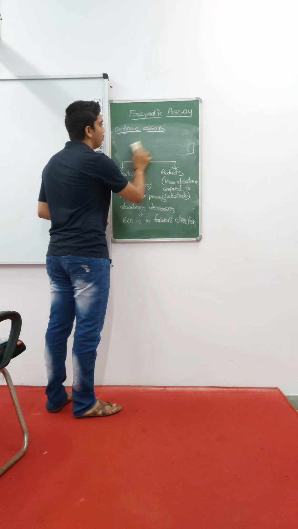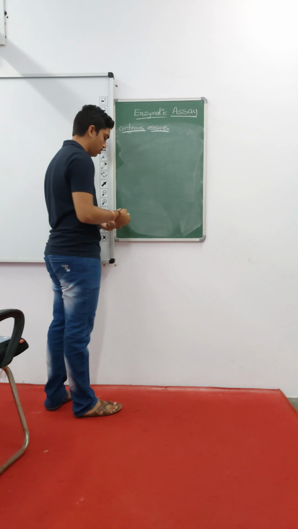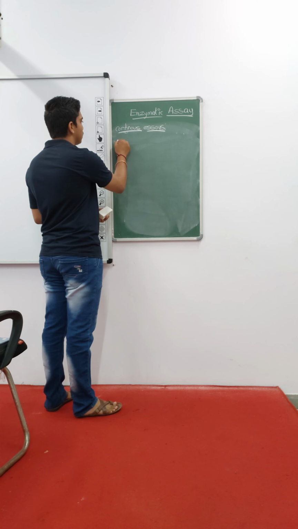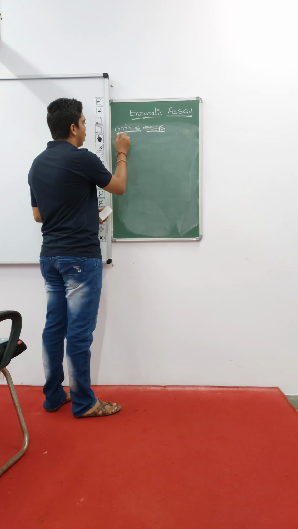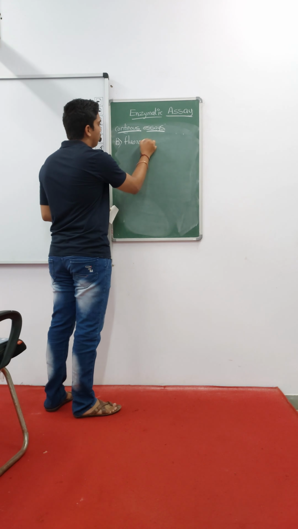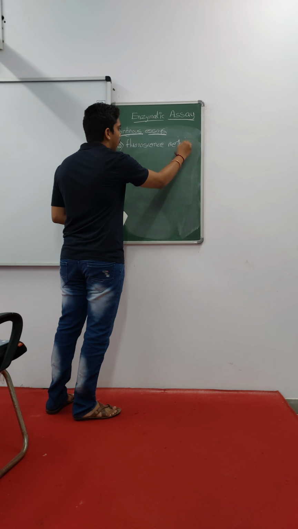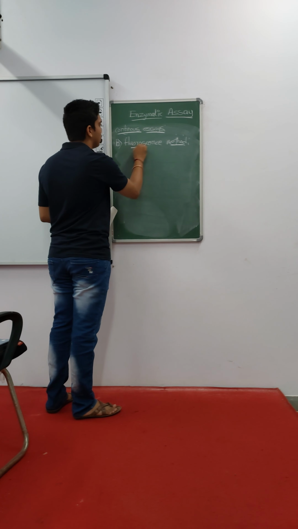Next method is the fluorescence method. As you have seen in the first method, you are finding the absorbance. Now what are you finding here? Fluorescence. So first we will know what fluorescence is.